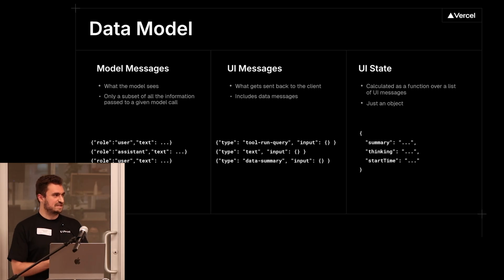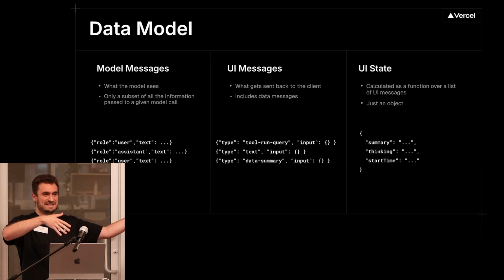The other thing that was interesting was the data model. A lot of questions around, hey, what the heck do I do with this? I'll start from the end with the UI state. If you're using React, it's easy to consider that I have some object that I'm going to render in the UI somewhere. That's really cool. But how do I build that?